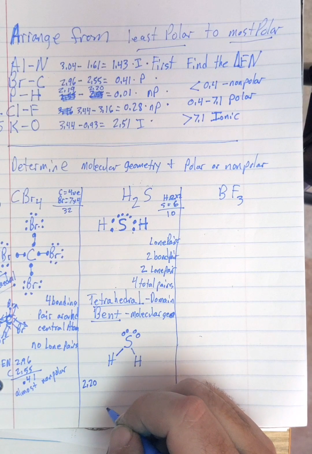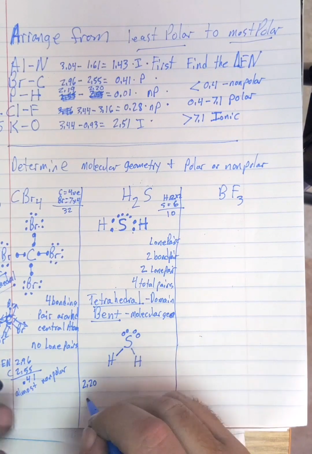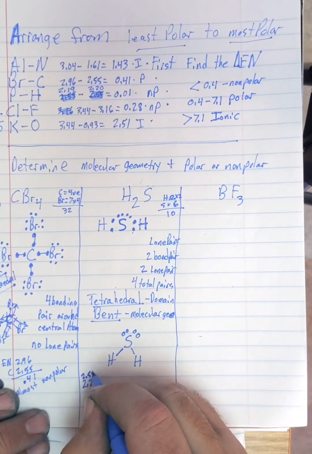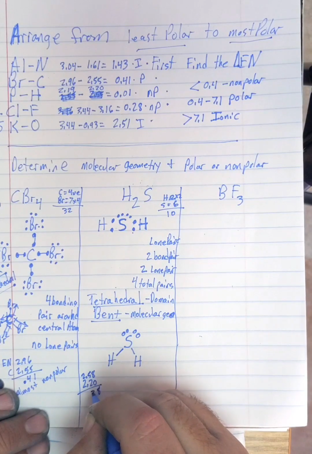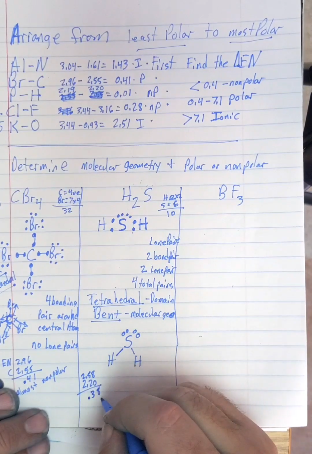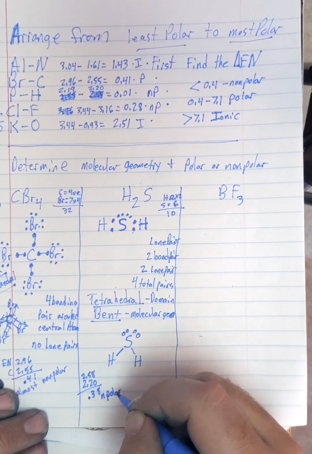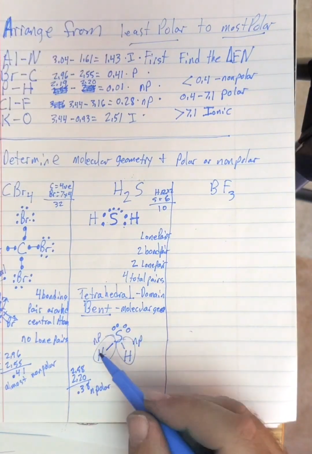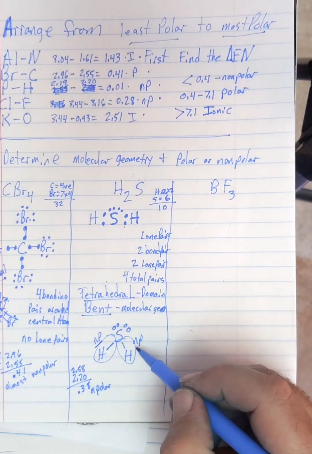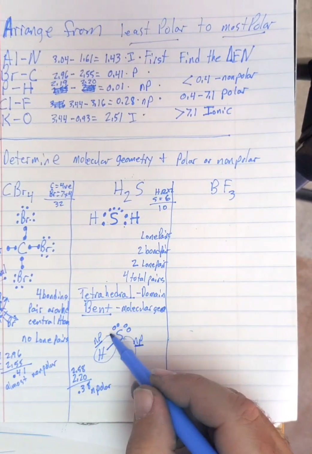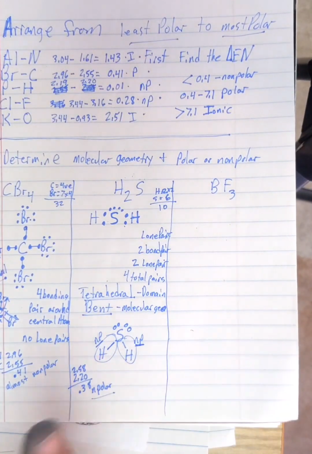We have 2.20 for hydrogen and 2.58 for sulfur. That gives us 0.38, which is less than 0.4. So each hydrogen-sulfur bond is nonpolar. That's going to make the molecule as a whole nonpolar.